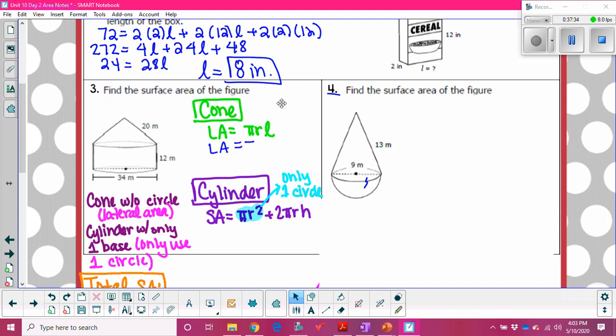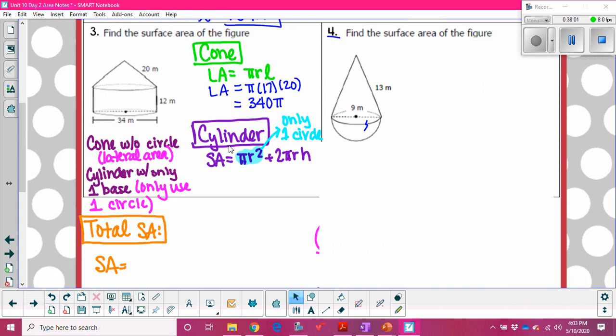So you have pi times 17 times 20. We're going to leave this in terms of pi right now. All right, so this is 340 pi. Okay, so I have found the surface area of the part of the cone that's on the outside. Okay, so I am going to go ahead and put that down here by total surface area. I'm going to go ahead and put 340 pi.